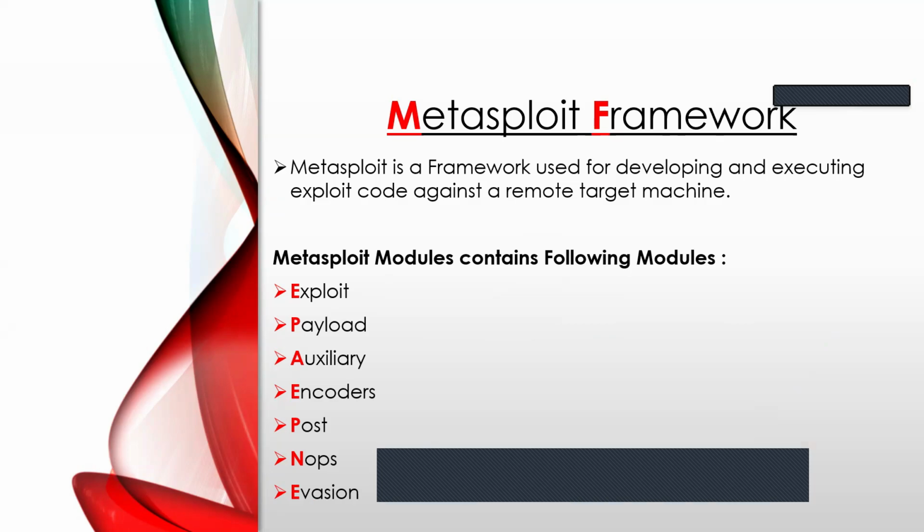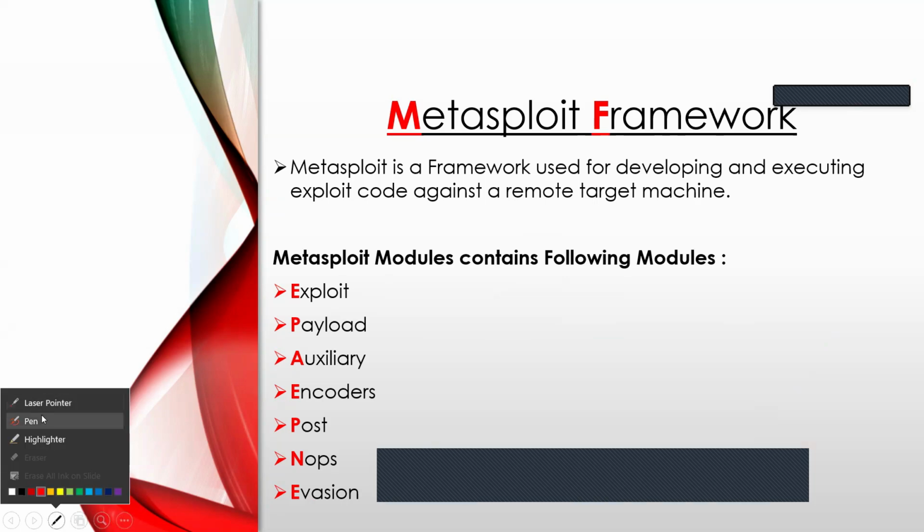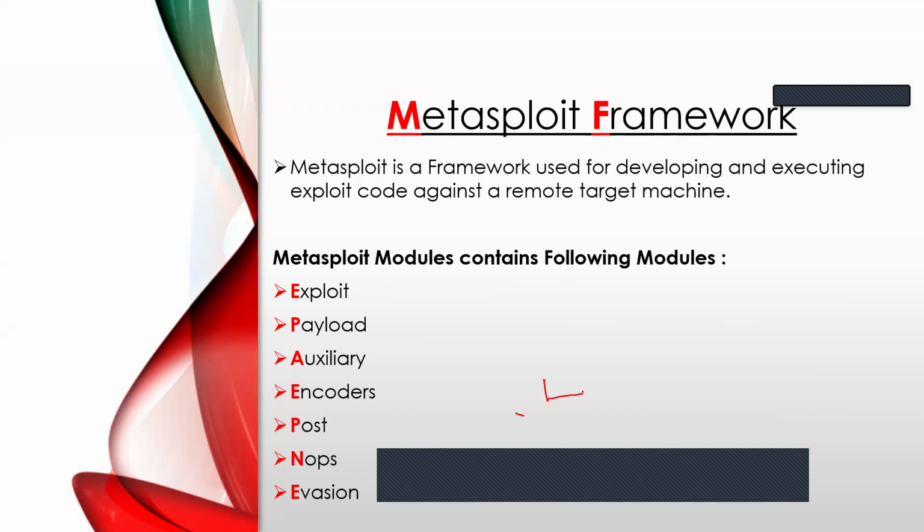Think you identified a vulnerability in VLC player in your system. Think this is your system, and you installed VLC player on it. This VLC player is vulnerable to remote code execution.